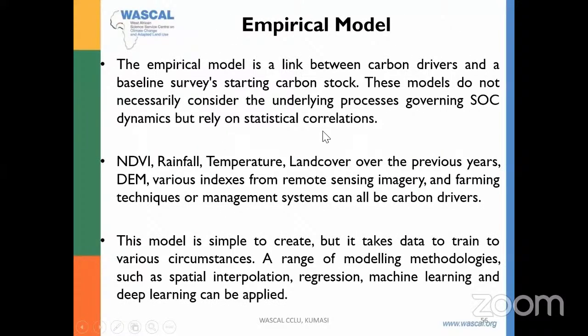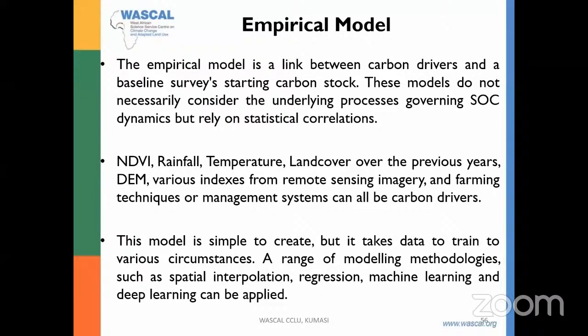So quickly, let's look at some of the empirical models that can be used. These models mostly deal with a link between the carbon drivers and the baseline starting carbon stocks. As I mentioned, they do not necessarily consider the underlying processes governing soil carbon stock dynamics, but mostly rely on statistical correlation.